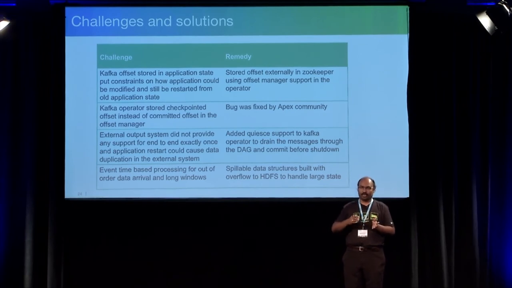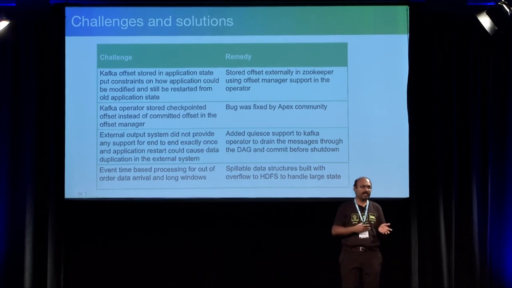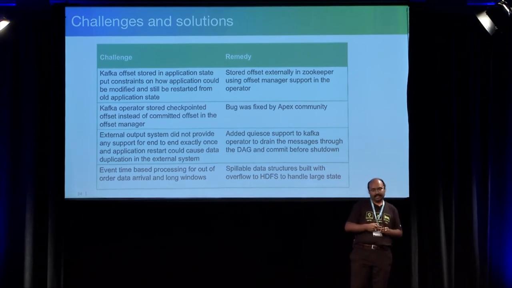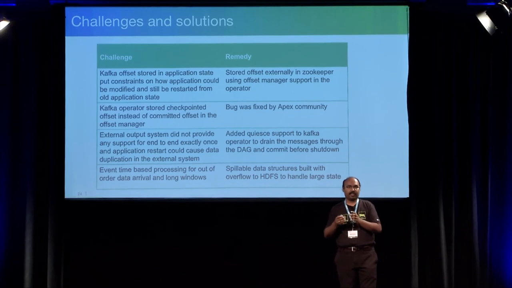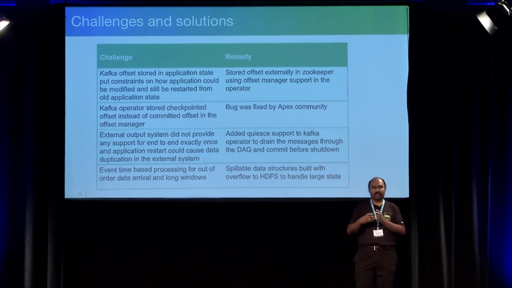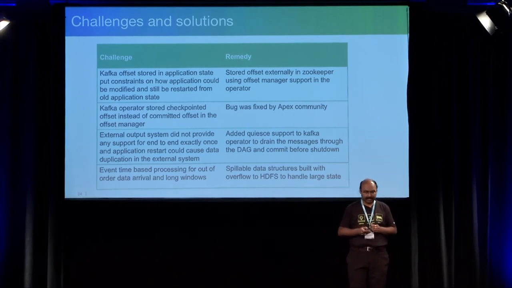Now we don't want to write those usage metrics again to the external system because we don't want to double bill the customer. And the external system couldn't tell us till what point we had already written. So we had to implement some code in that output operator, the operator writing the metrics, to not write duplicates. We would store the information that we last wrote, so that we are not writing it again.